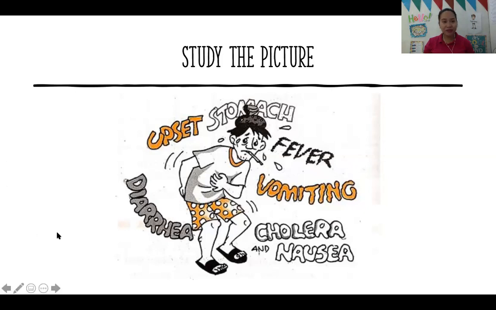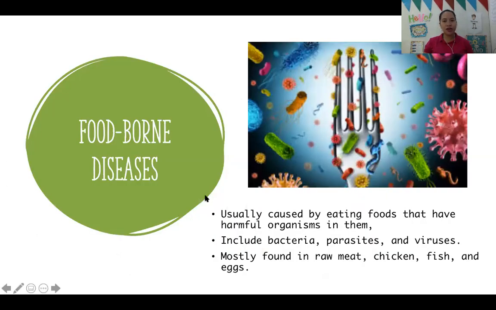Let's find out. Okay. So here we have foodborne diseases. So foodborne diseases, these are usually caused by eating foods that have harmful organisms in them. You try to see the picture, diba? So yung tinidor, we cannot actually see these organisms, but they're actually there.